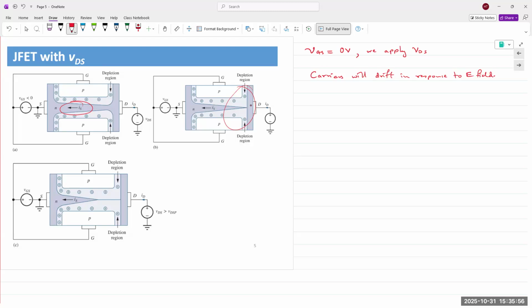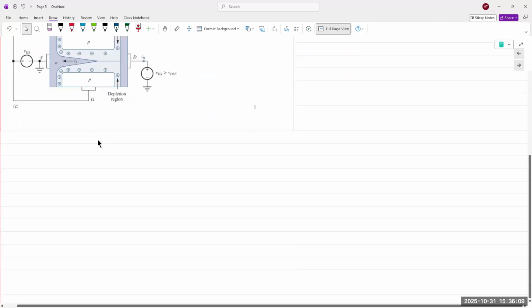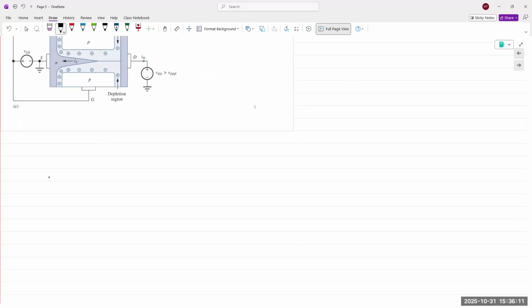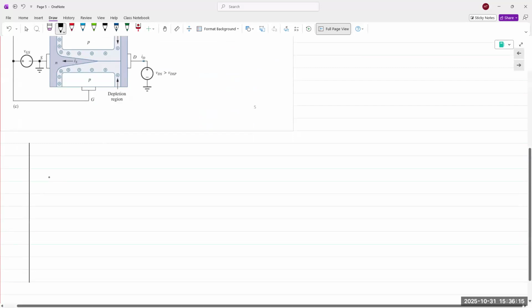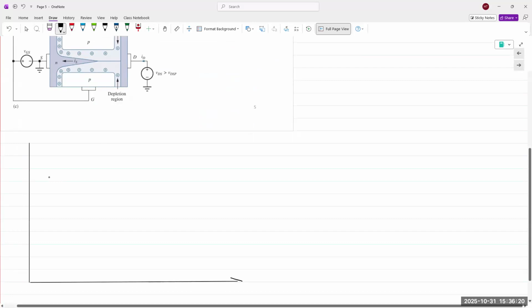So if we apply VDS, the answer is that current starts flowing, but with increasing VDS, there comes a point where the channels merge. So if I was to plot the flow of current, let's say like this, voltage on the x-axis as always.